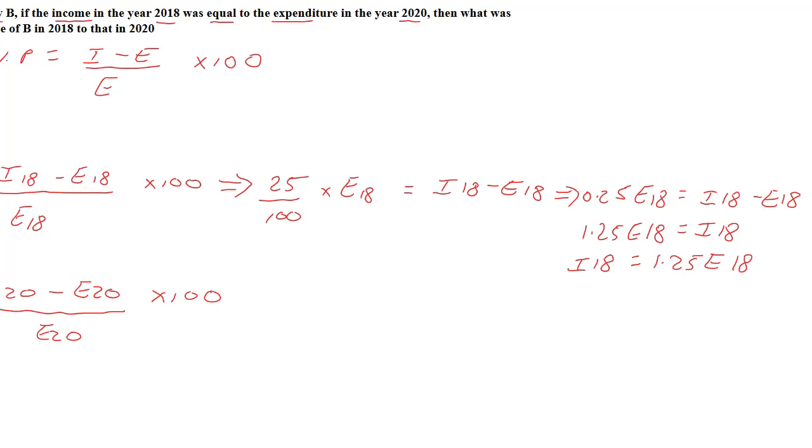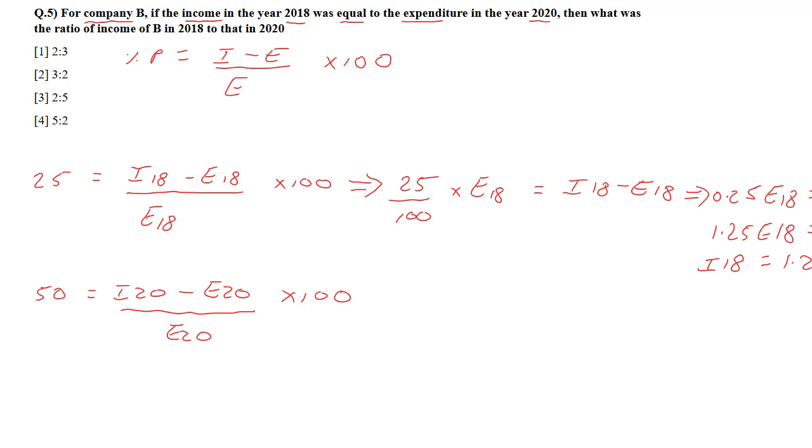Now, what else do we need to keep in mind? They've told us that the income in 2018 was equal to the expenditure in 2020. So let me simplify 2020 also. E20 over here, same thing goes upstairs, 100 will go down.